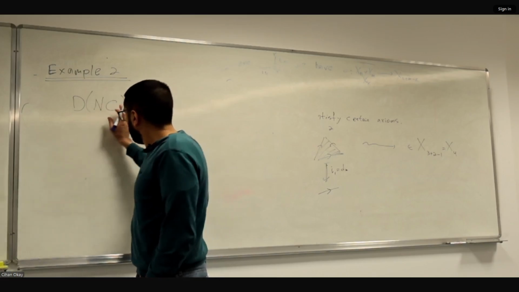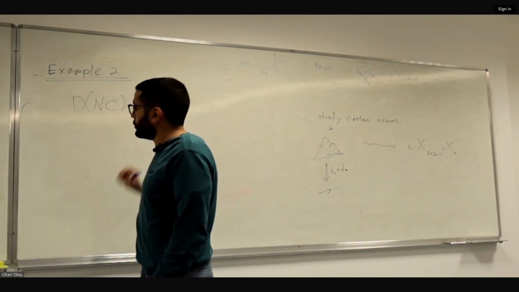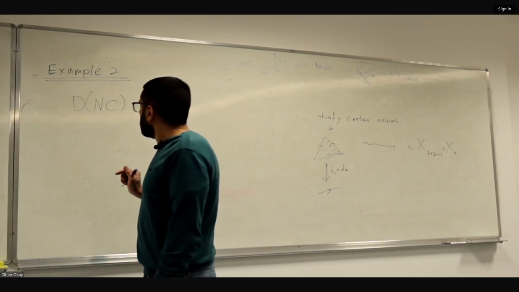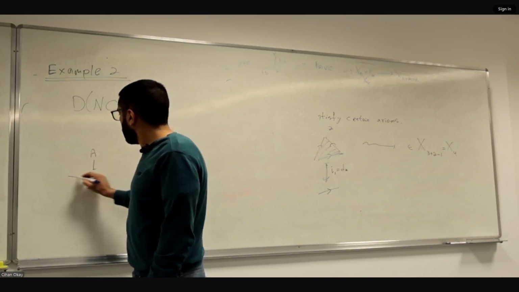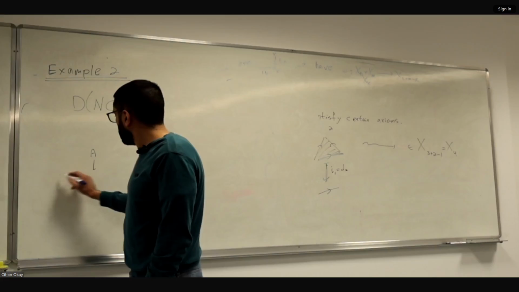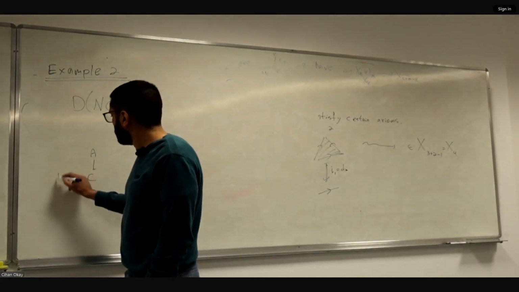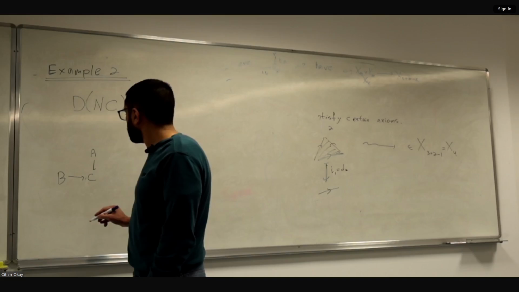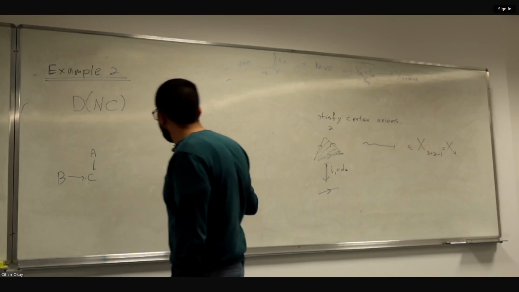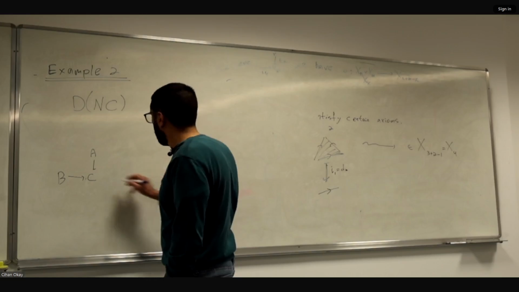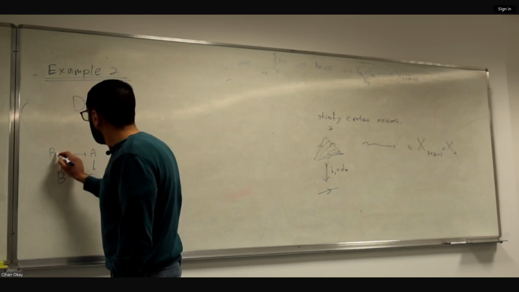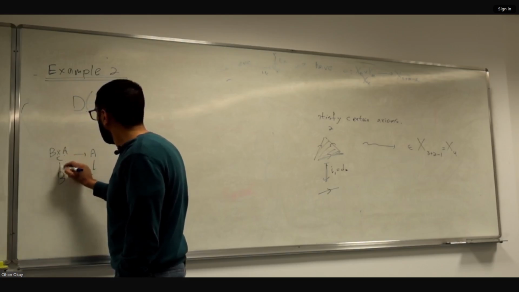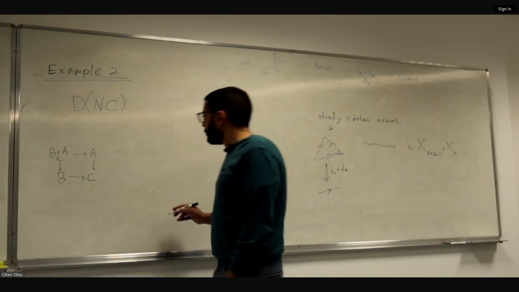In order to define the composition here, I want to remind you something. If I have something like this in sets, A, B, C, we have the limit of this, the pullback. Of course we have a unique map.